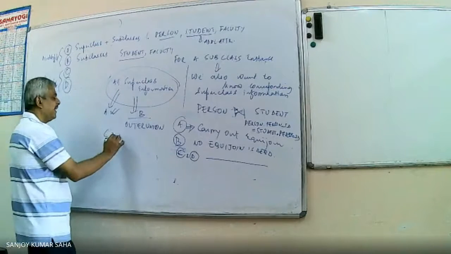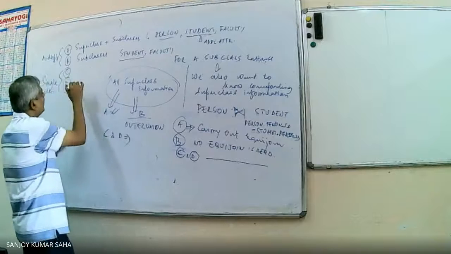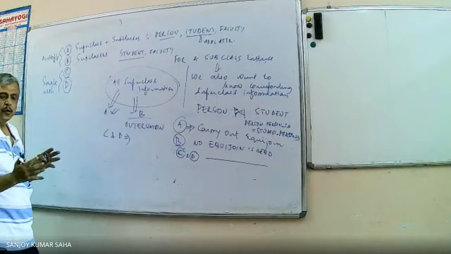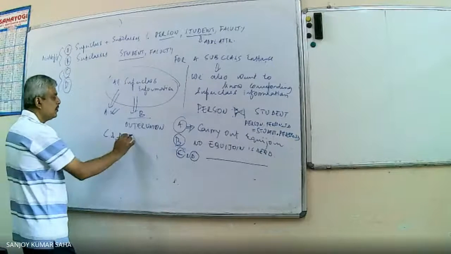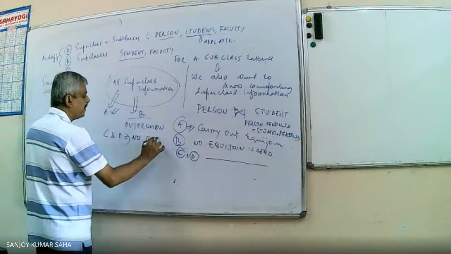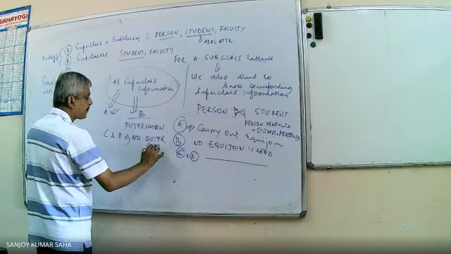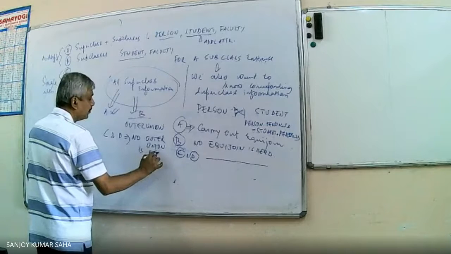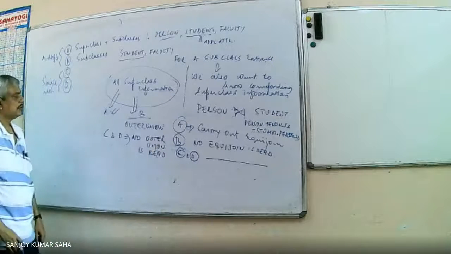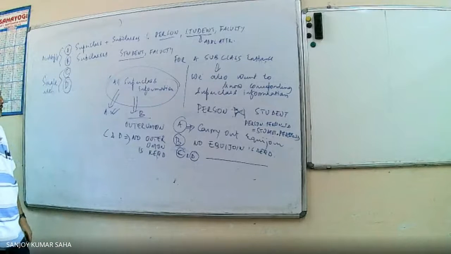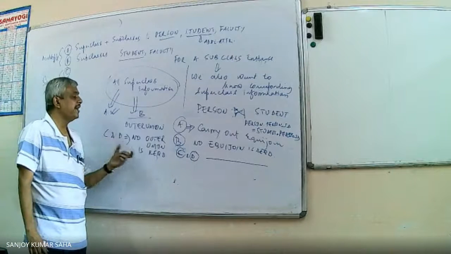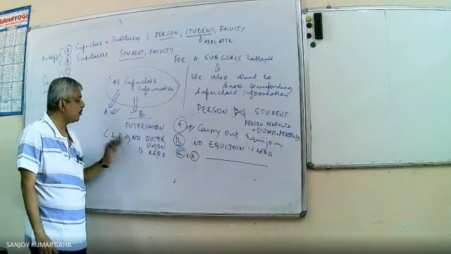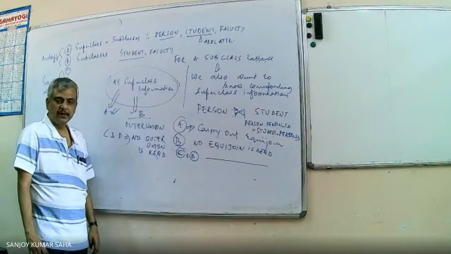But for C and D, it is already available in a single relation. We have all the superclass information also, so no outer union is required. So for models C and D, no equijoin required, no outer union required.